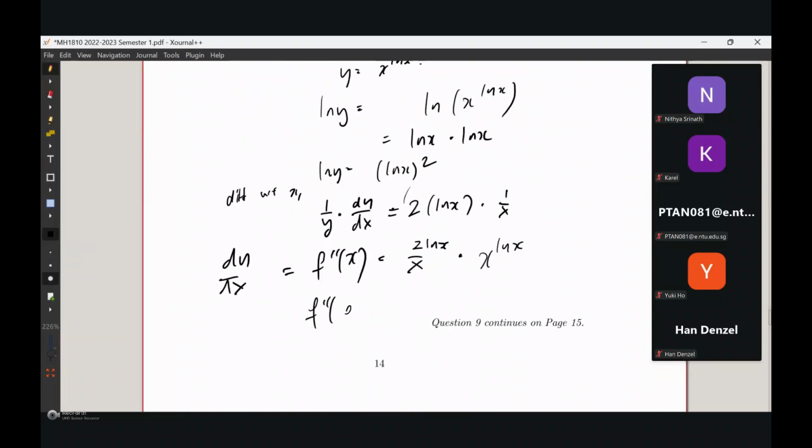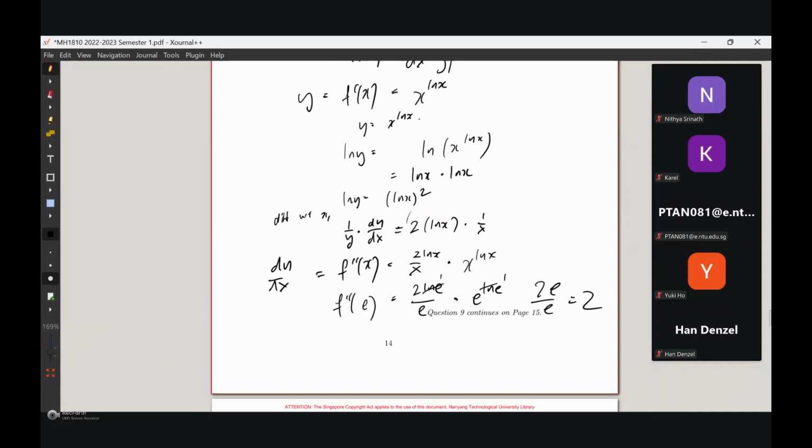E. So 2 ln e over e times e to the power ln e. Here, I think everything will simplify. 2 ln e, ln e is 1. So you have 2e over e, which is 2. That's for this question here.